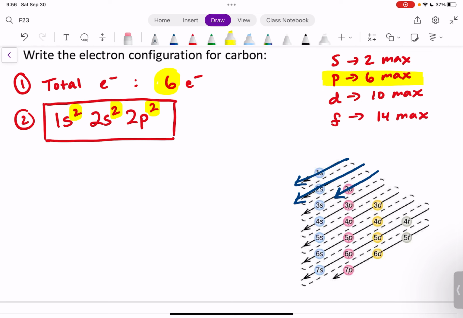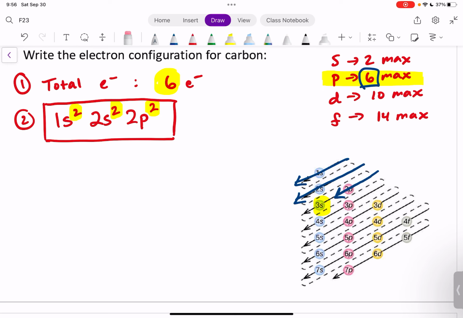So notice we didn't make it to 3s, right? We didn't fill our 2p sublevel or subshell all the way. What number would be here if we did fill it all the way? Yeah, 6, because p can hold 6 max. Okay, we didn't fill it all the way though, and that's okay. So we're just going to leave it at 2p2.